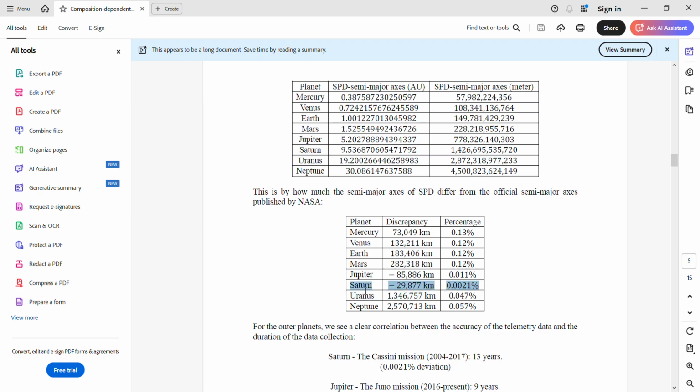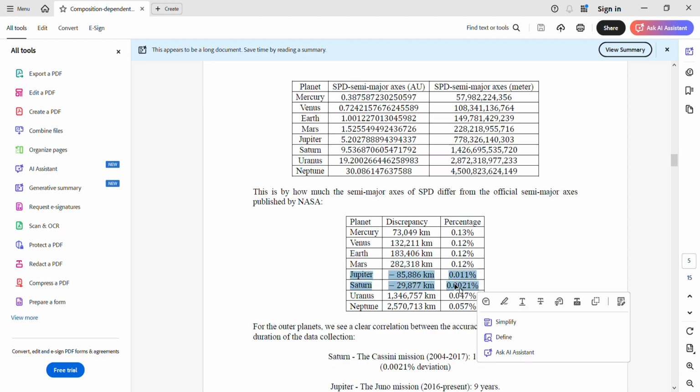So for those outer planets, they use direct telemetry instead of deriving the radius of the orbit from the orbit period, which for the inner planets is known much more precisely than the orbit radius. So they just use that, using Kepler's law, they obtain the orbit radius from that, but they don't do this for Jupiter and Saturn.